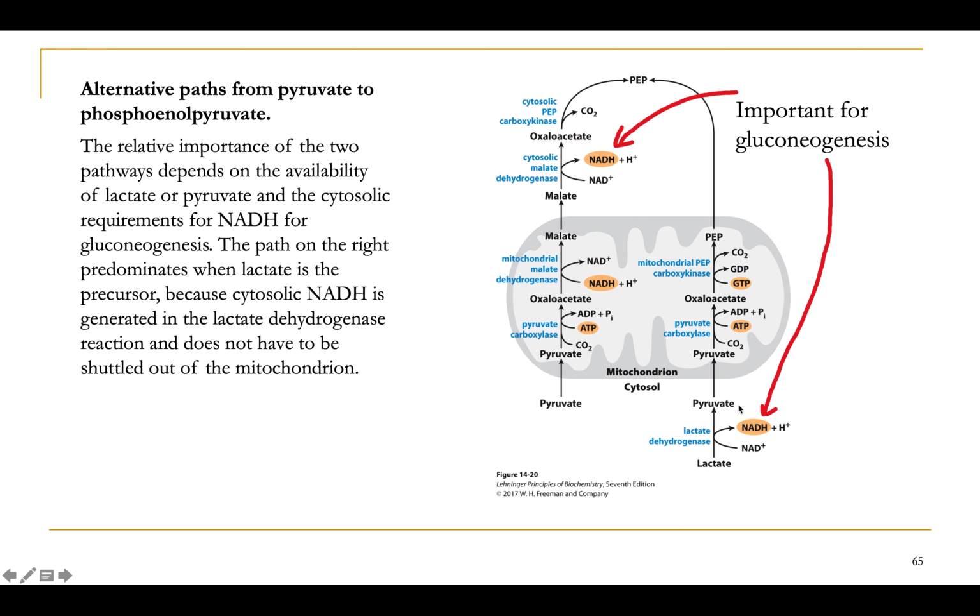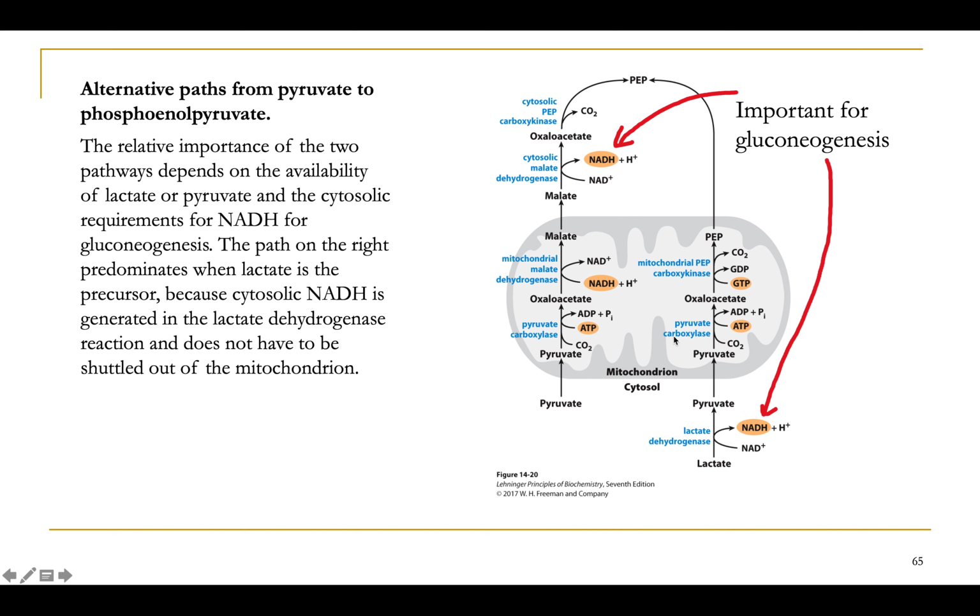In this case, the lactate can be converted to pyruvate in the cytosol by lactate dehydrogenase. In this case, NADH is already produced, so you don't need this malate shuttling to get NADH. In this case, again, pyruvate travels to the mitochondria.